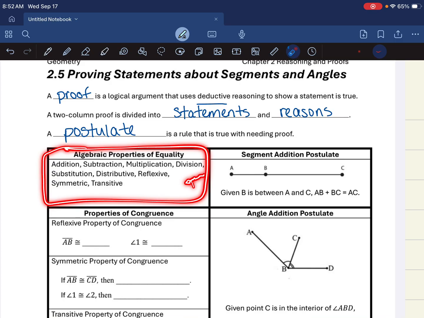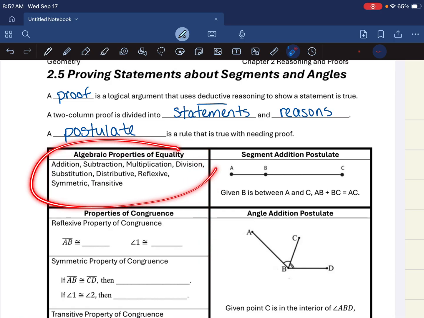That very last question had step-by-step solving the equation, and then you wrote properties: addition, subtraction, multiplication, division, substitution, distributive property, and then reflexive, symmetric, and transitive properties. We talked about all of those already in this chapter. So I'm not going to go back over those because you could look back in section 2, maybe section 4. Section 4 has a list of all of those properties.